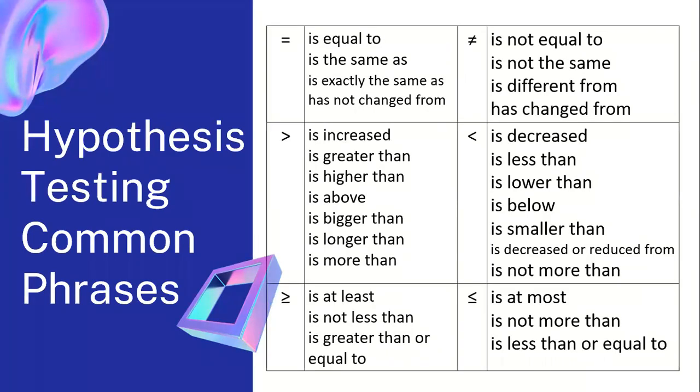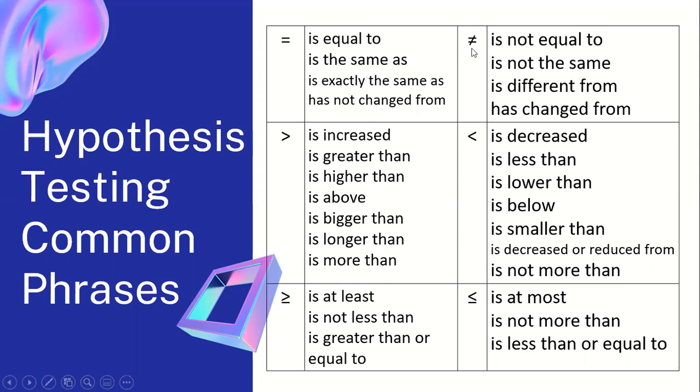In math, different symbols may mean different things. So the table that will be shown will help you in formulating your hypothesis based on the phrases given. You will use the equal symbol if these are the words associated with your hypothesis: is equal to, is the same as, is exactly the same as, or has not changed from.